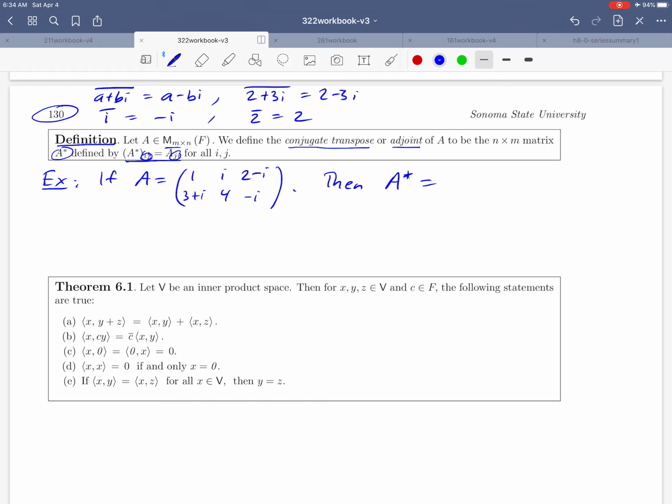You would take its transpose, and at the same time you would take the complex conjugate of every entry. So we started with a 2 by 3, we're going to get a 3 by 2.